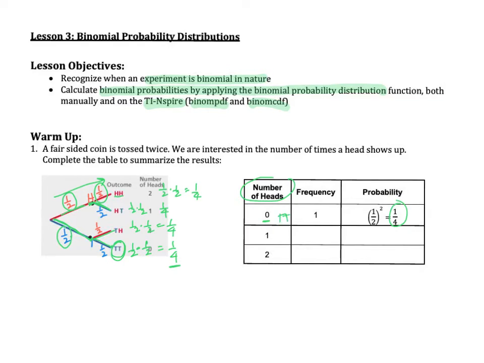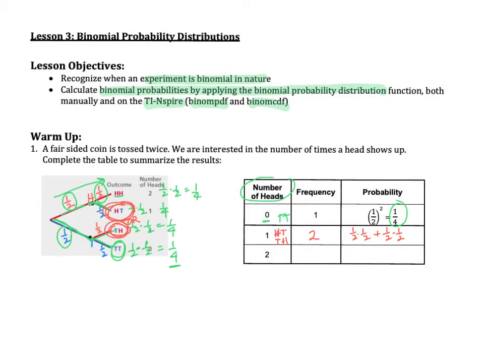What is the probability of getting 1 head? Well, we see here there are 2 options. We could have gotten a heads and then a tails, or we could have gotten a tails and then a heads. Notice I said that word or. What does or mean in mathematics? It means addition, right? So the frequency is twice. It happens here 1 time and then here a second time.